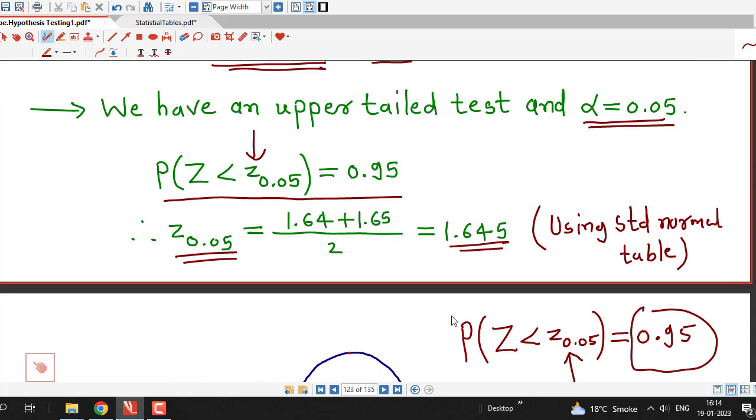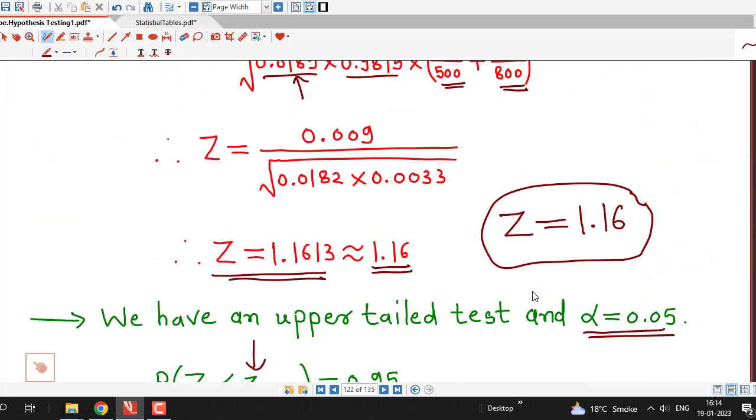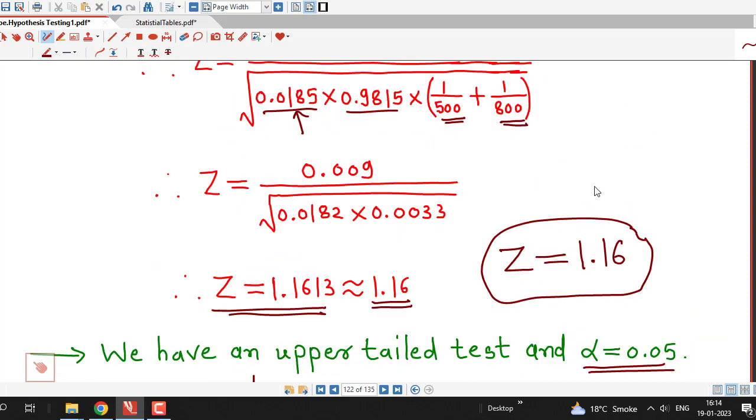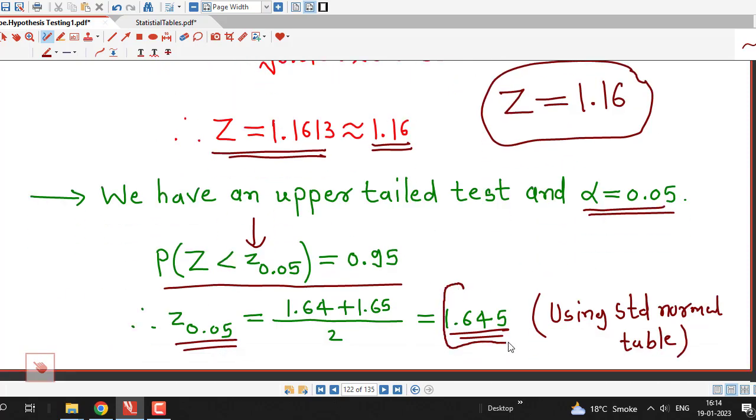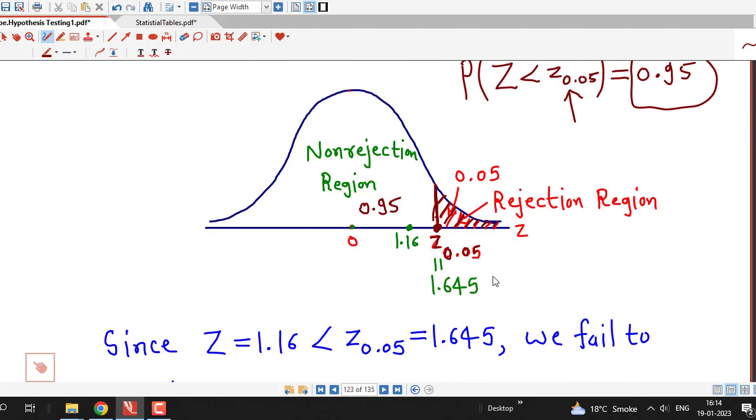Now we compare this critical value and the value of the test statistic, which is 1.16. So we can see 1.16 is smaller than 1.64. So it will be somewhere here. This is the value of the test statistic. That means we are in the non-rejection region.